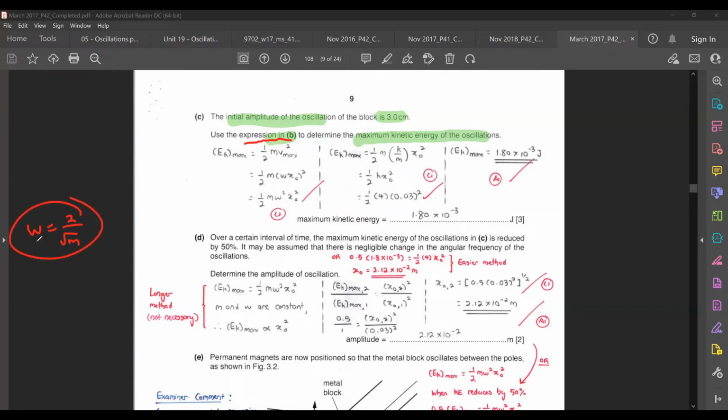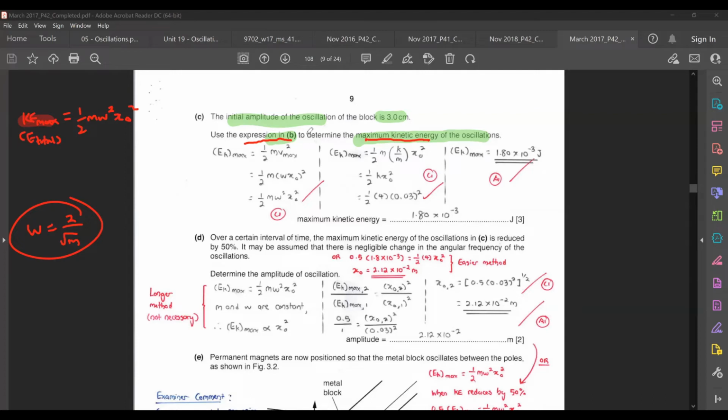We will eventually need to use this. Now they want you to find the maximum kinetic energy of oscillations. So Ke max, from the last lesson, we know is half m omega square x naught square, which is also E total. But here we relate it to being maximum Ke.